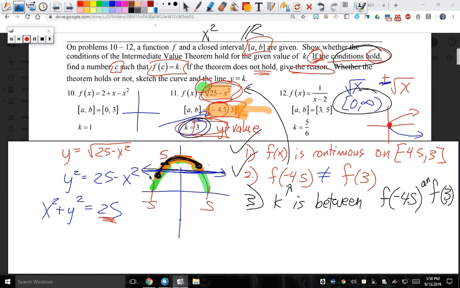Let's do this with the calculator real quick. I want you to put in your calculator the square root of 25 minus x squared, and you can save it as f of x. So Control, Vars, f of x. And let's find out what is f of negative 4.5.